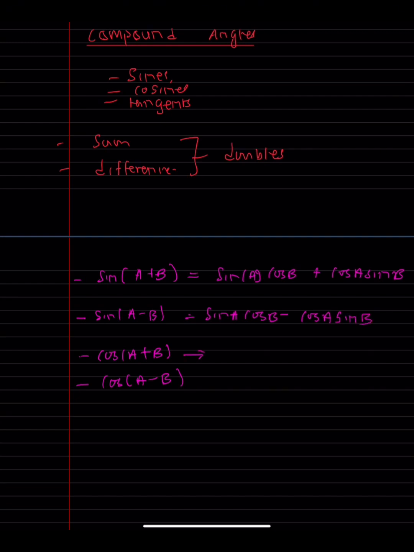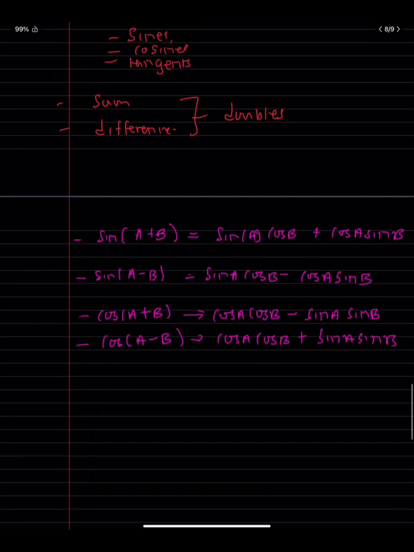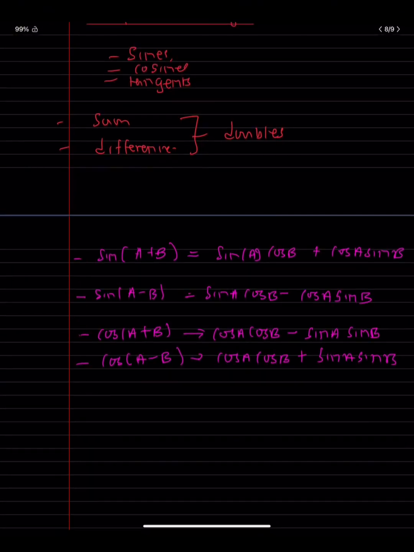The next one is cos (a plus b), which is equal to cos a cos b minus sine a sine b. And the last one, cos (a minus b), is cos a cos b plus sine a sine b. These are the four main compound angles that I want us to look at.